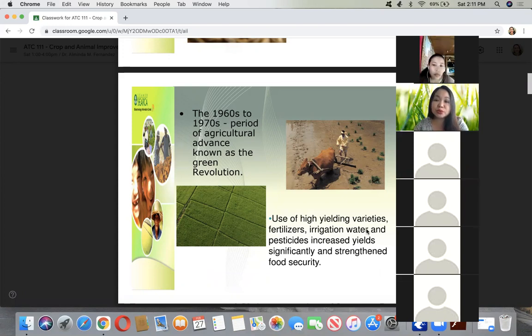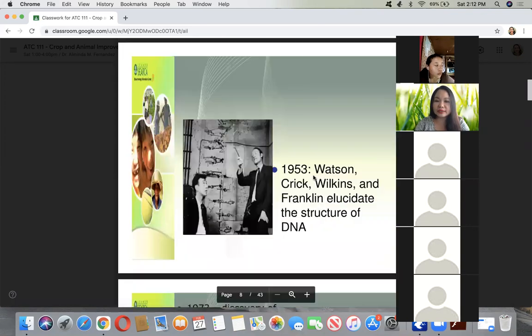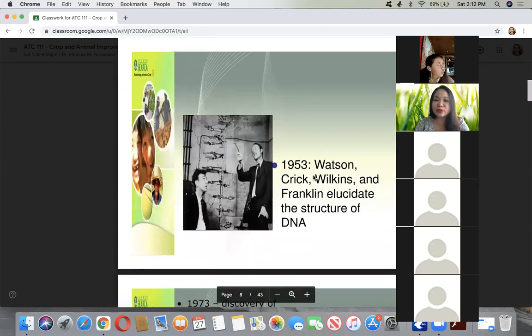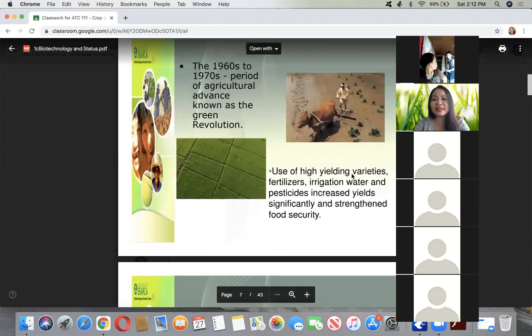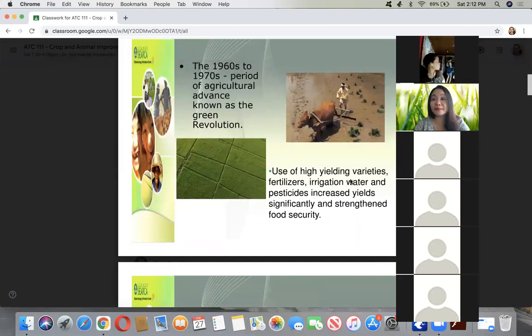We were able to choose good varieties and even use fertilizers, irrigation water, and pesticides to increase crop yields and significantly strengthen food security. So it's known as the Green Revolution, with different breeds, hybrids, fertilizer, irrigation, pesticides, and so on.